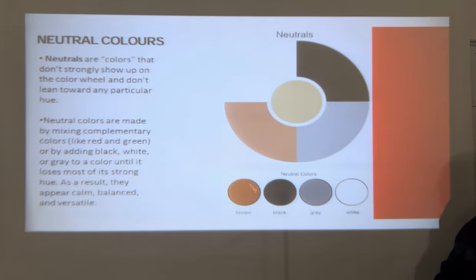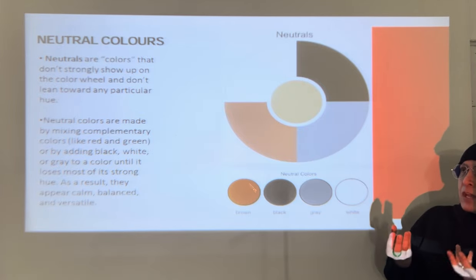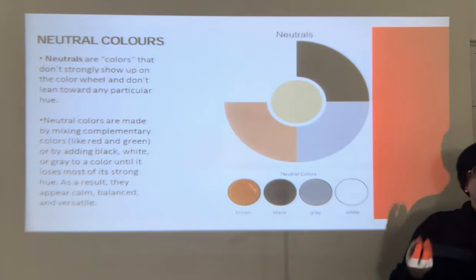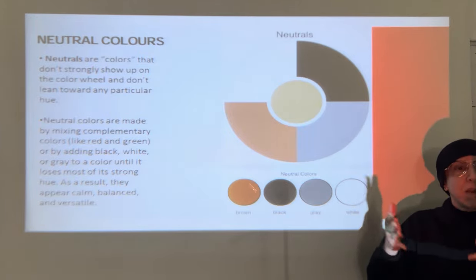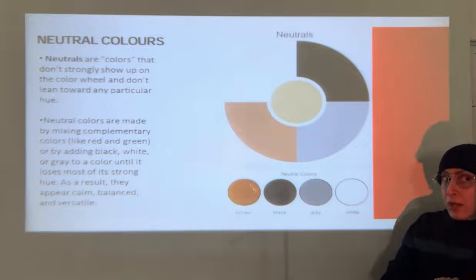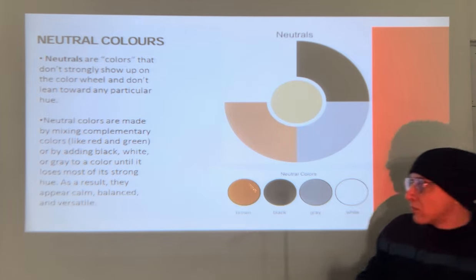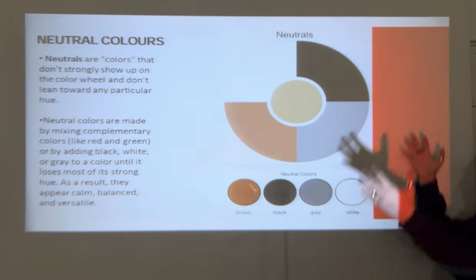And as a result, these colors create a more calm look. When you look at these colors, they look calm in a way, not very strong, not bright like the original hues on the color wheel, okay? So these are more calm colors. They are versatile, so we have quite a few of them.